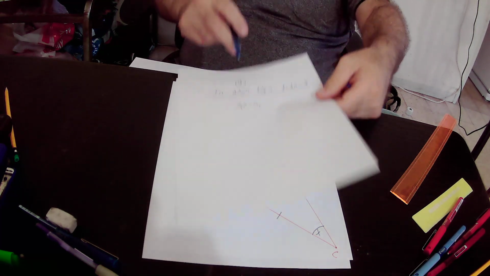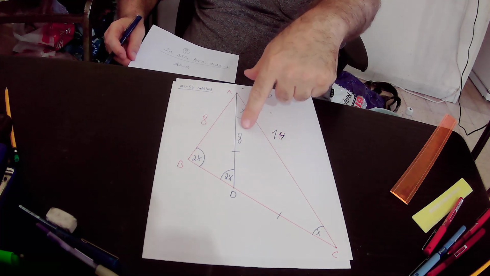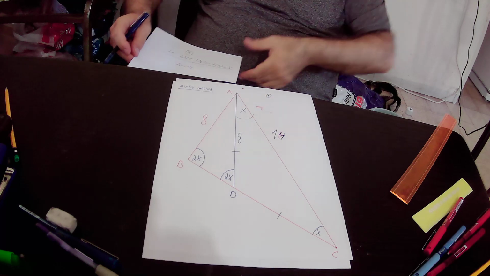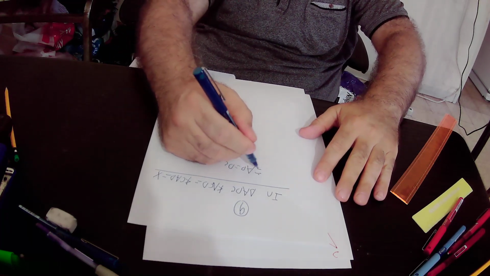Okay, AD equals DC, but we know that AD equals 8 units. We have already found out that AD equals 8 units.